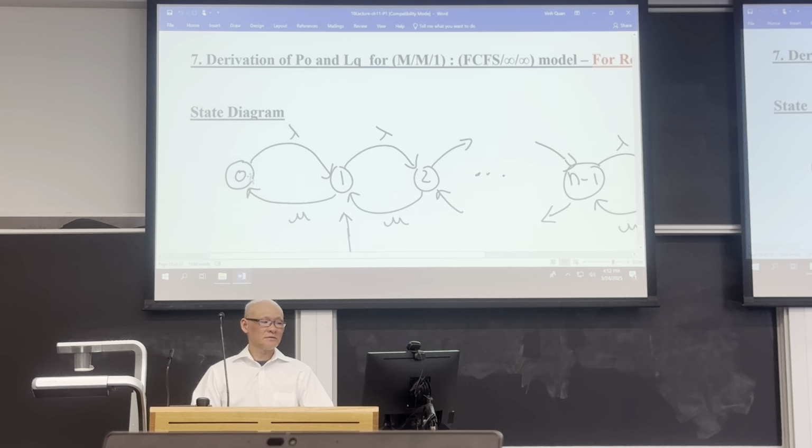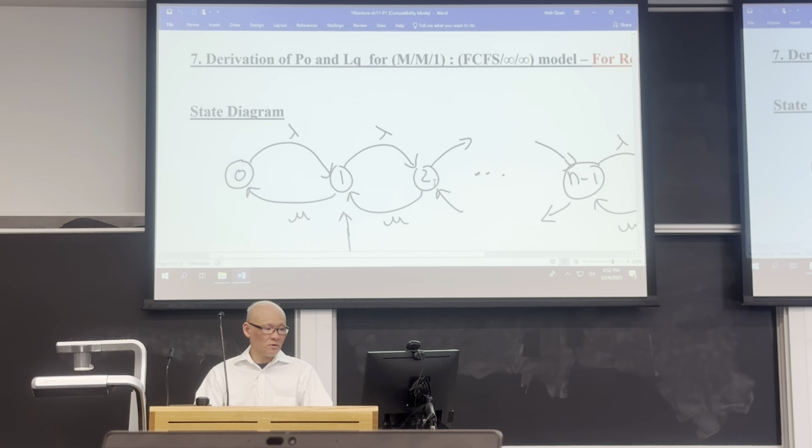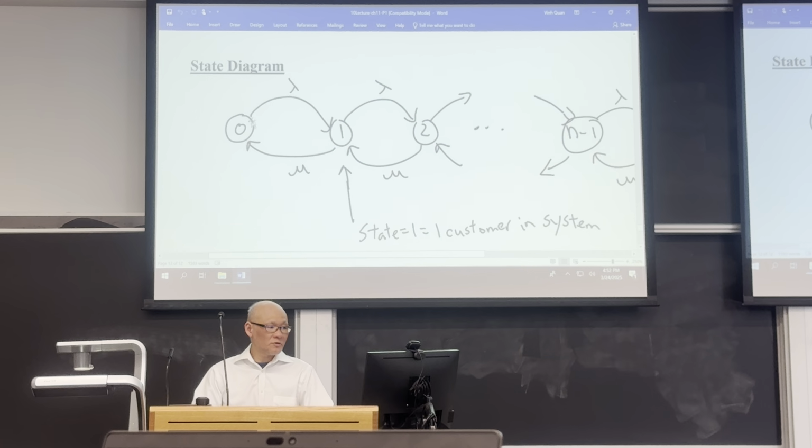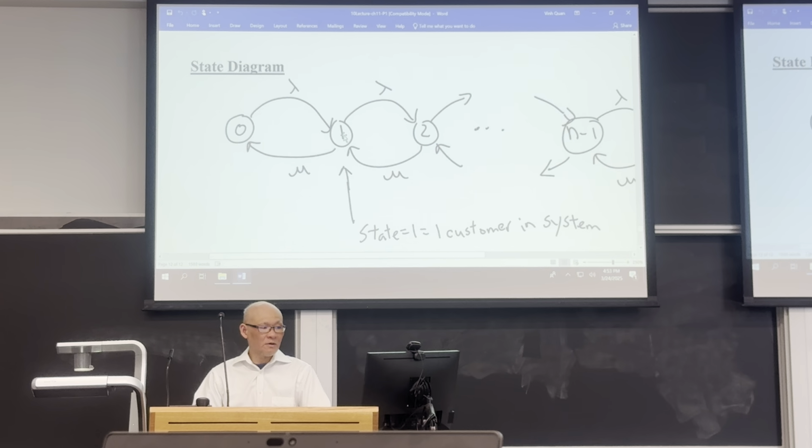So this is state 0, so no customer in the store, 1 customer in the store, 2 customers in the store. You go from nobody in the store to 1 customer in the store at the rate lambda, because that's how fast customers are coming. You go from being 1 to 2 at the rate lambda, because that's how fast customers are coming. You go from 2 customers in the store to become 1 at the rate mu, because that's how fast your workers are working, right?